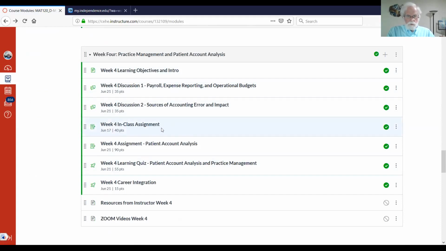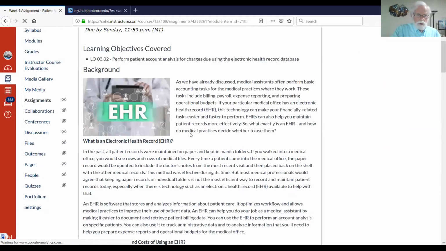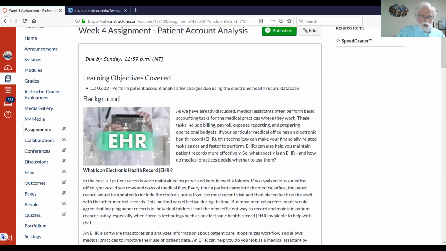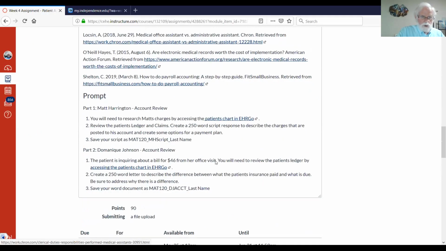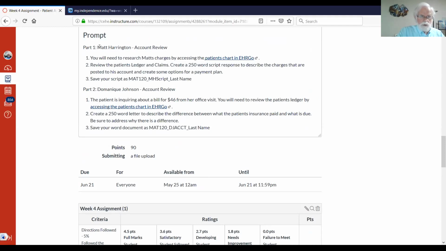Our in-class assignment we'll discuss on Wednesday. The assignment here, as I said before, is to use EHRGO and call up the medical records of 2 patients. This guy, Harrington, and this woman, Johnson. And we can bring up EHRGO and then access the chart through that.